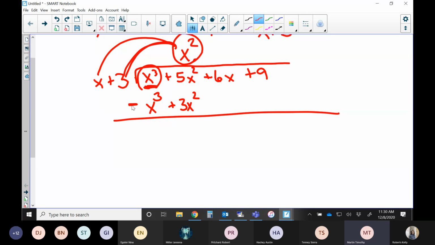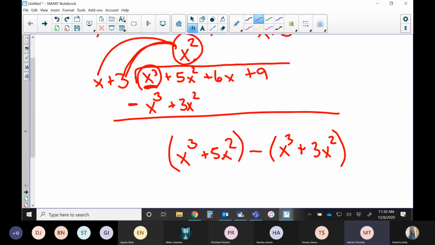Now, I'm teaching you something because I'm showing you why you hopefully will make fewer mistakes. What if I had this problem here? This is what I really have. What if I had that problem? That's what I have above there. What would you guys do with this negative to make it easier? Distribute it.